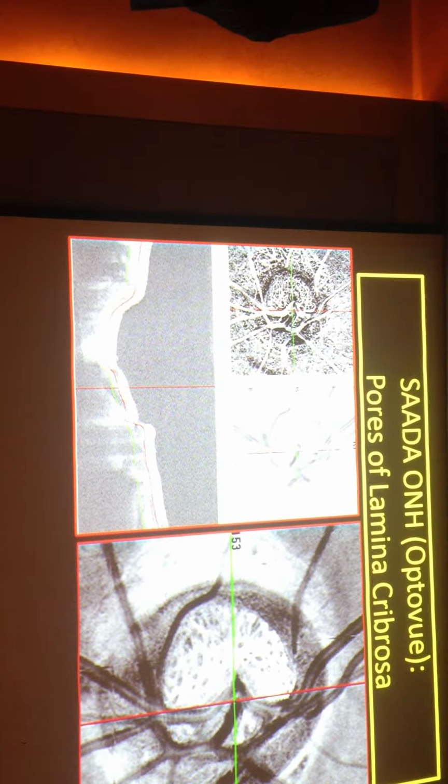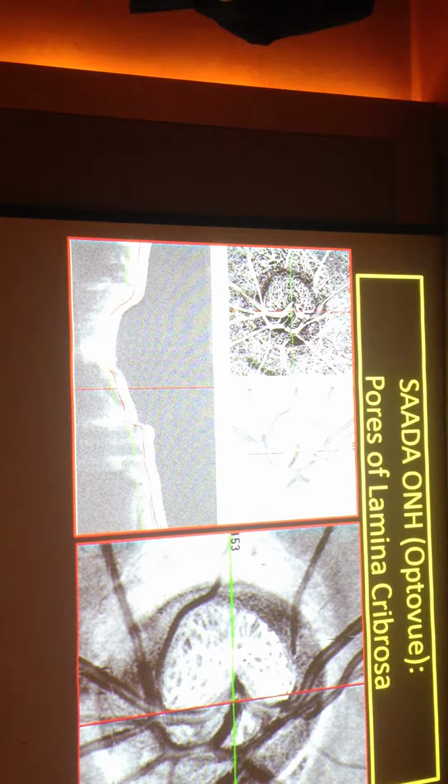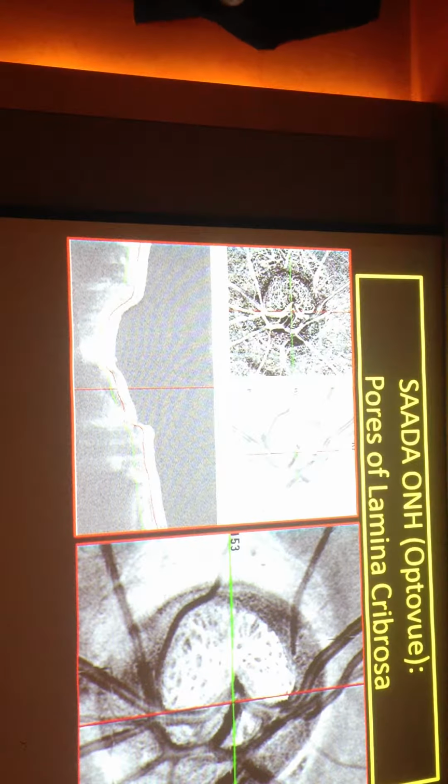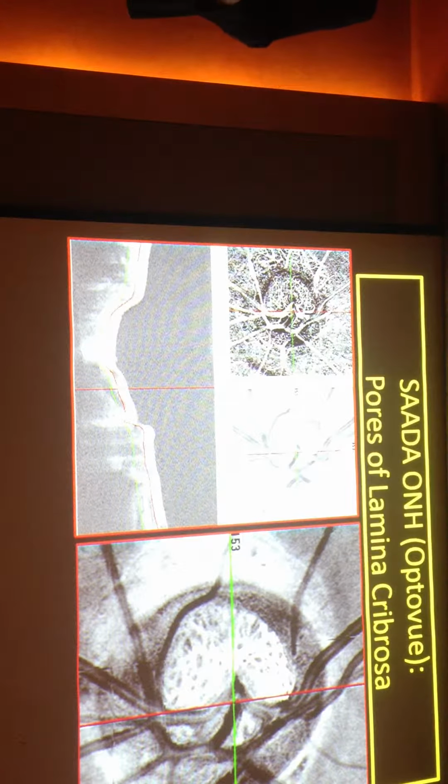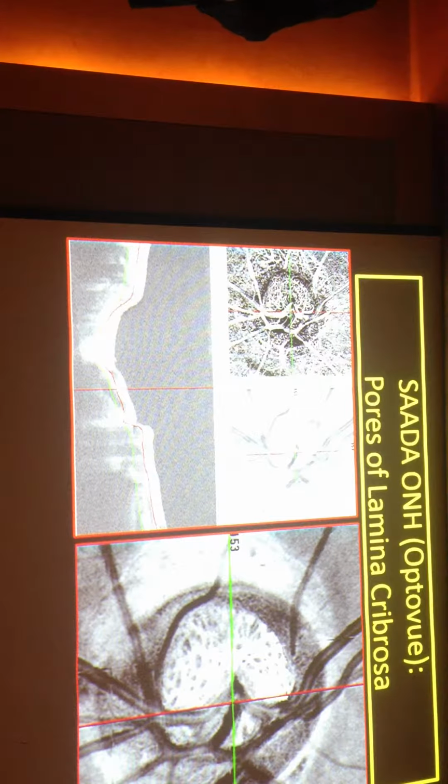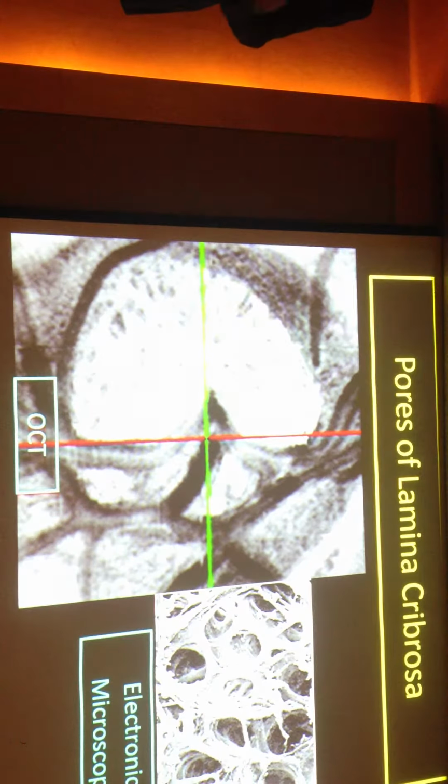Concerning the lamina cribrosa, due to the high resolution of acquisition of OCTA angiography, we have increased the image quality, and we have of course increased the detection of vessels, but you can see how the system can show you the lamina cribrosa when you choose a good resolution and a good focus.